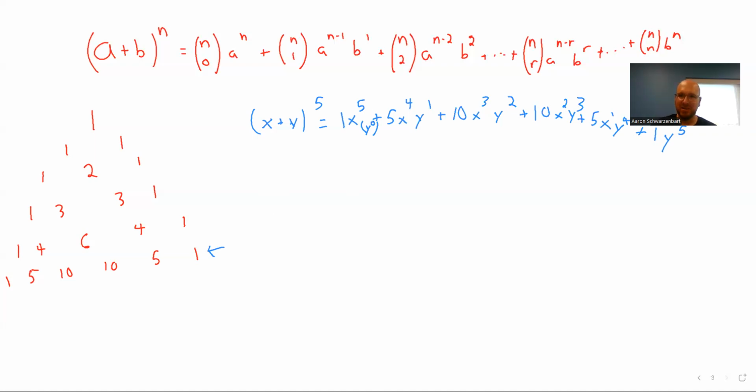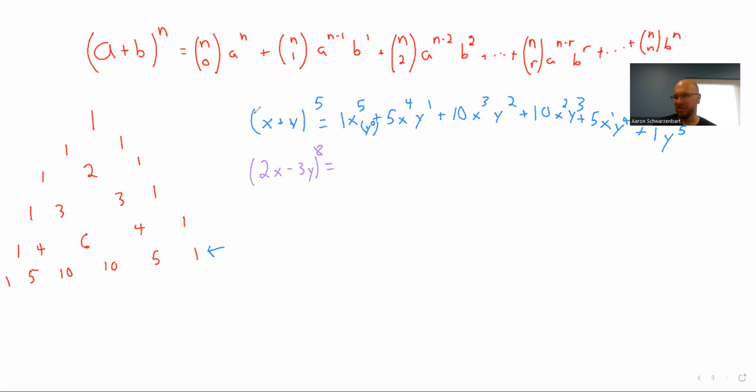So now we're going to do this with a little more complicated thing. This one might take me a couple of lines. First thing, I'm not going to expand Pascal's triangle.